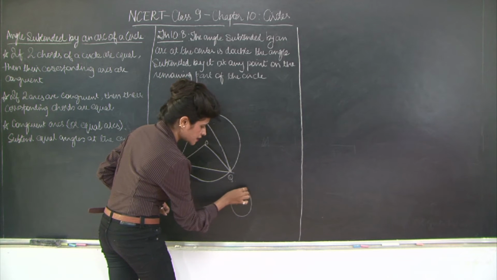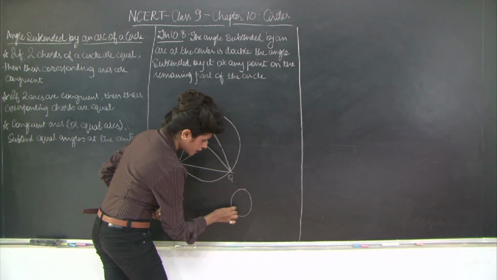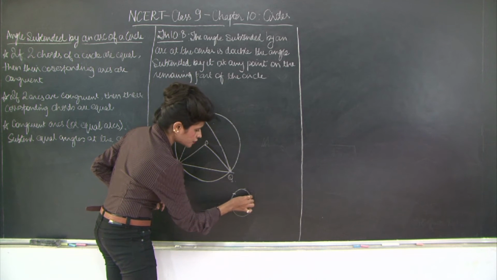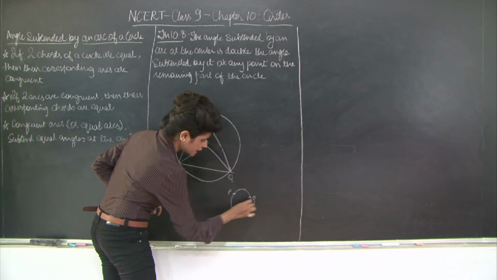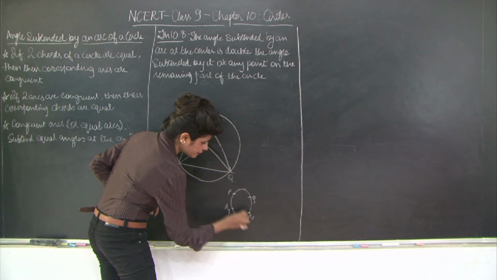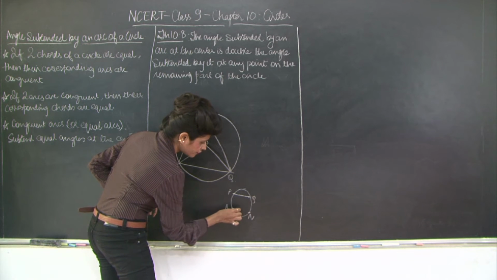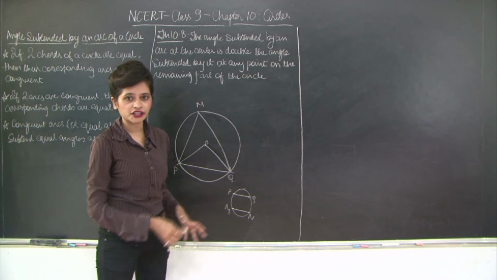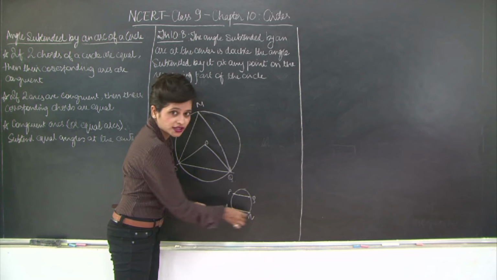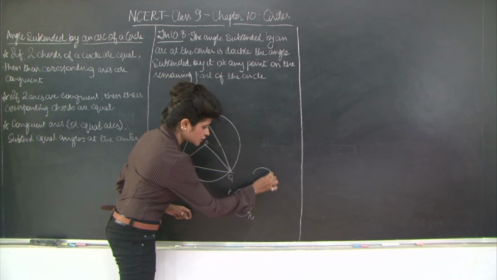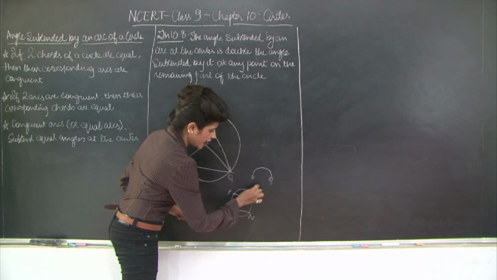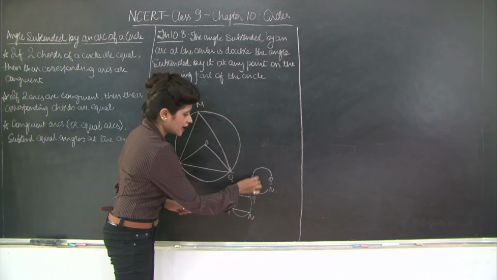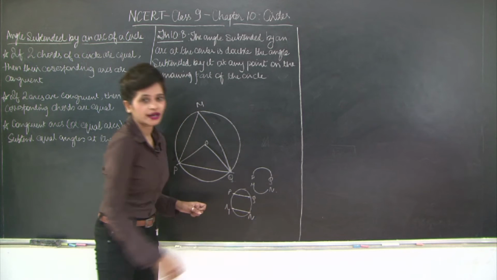Let's say first one circle only. If two chords of a circle are equal, let's say I have chords PQ and MN. If you draw a circle on a piece of paper and mark equal chords on the circle and cut out these sections PQ and MN, you will notice that PQ will completely overlap with MN.